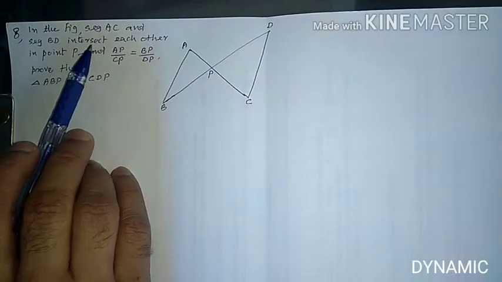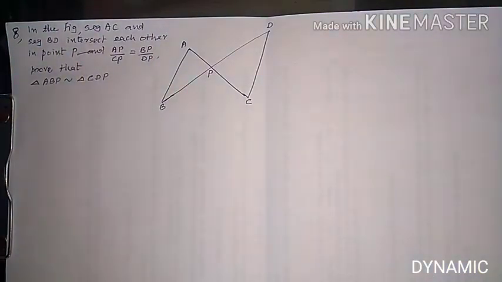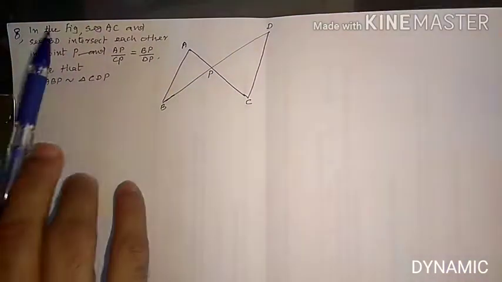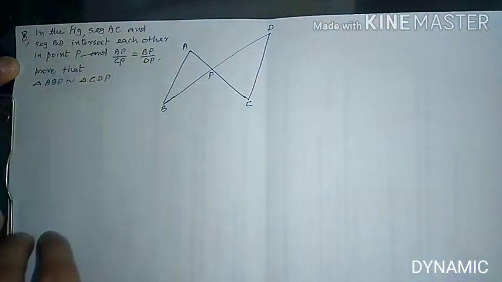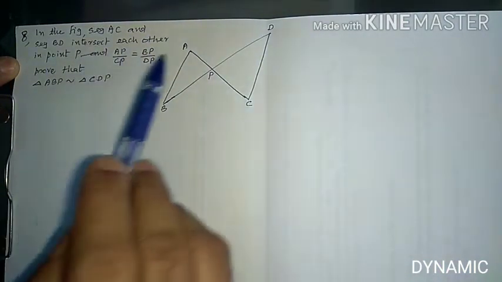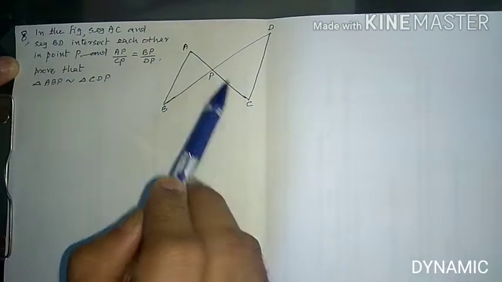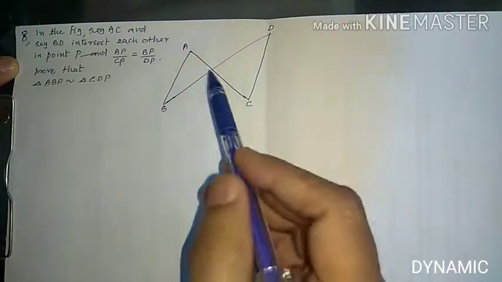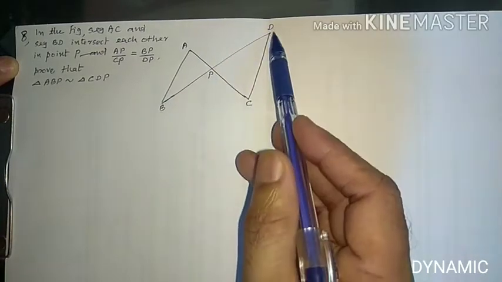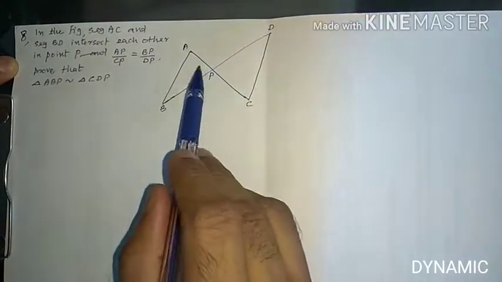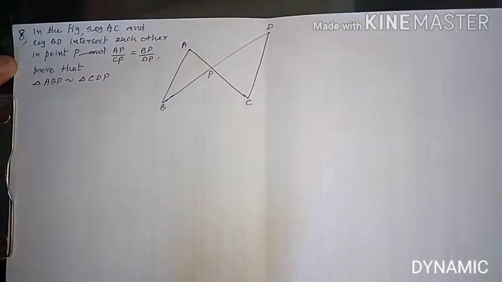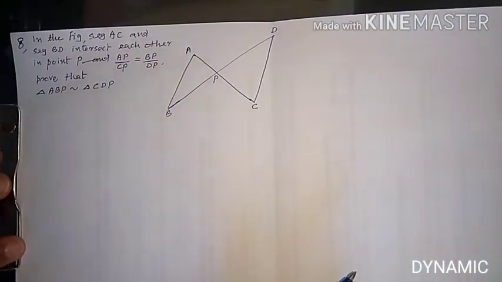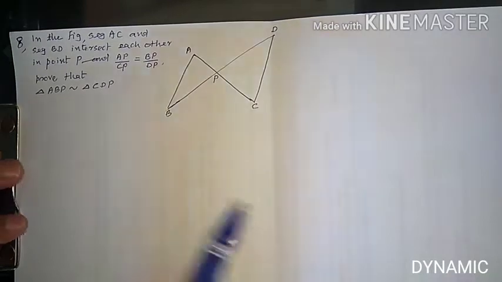In the figure, segments AC and BD intersect each other at point P, and also given AP upon CP equal to BP upon DP. We have to prove these two triangles are similar. It's very simple, maybe a 1 mark question.